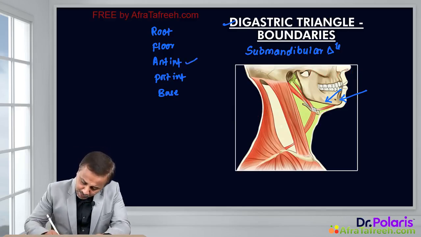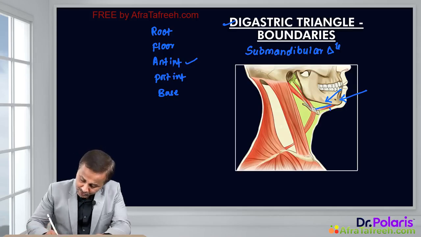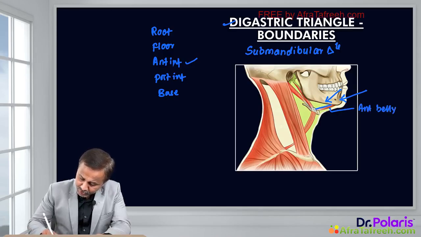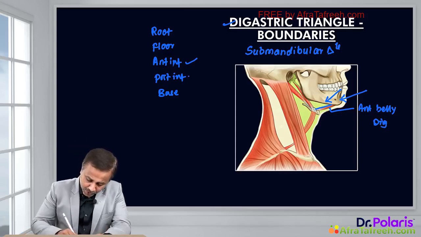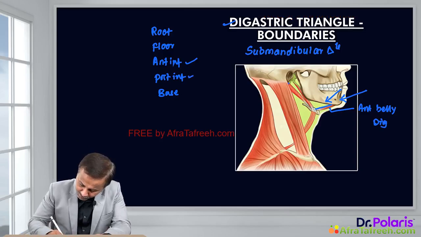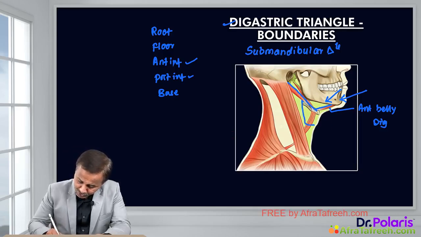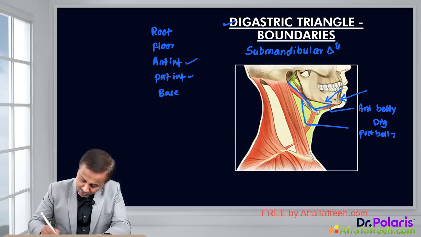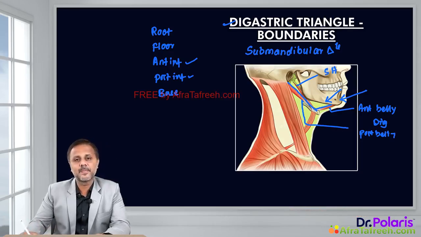Antero-inferiorly, it is bounded by the anterior belly of digastric. This muscle is the anterior belly of digastric. Then, postero-inferiorly, we have the posterior belly of digastric. Attached along the upper border of this posterior belly of digastric, we have the stylohyoid muscle. This is the stylohyoid muscle.